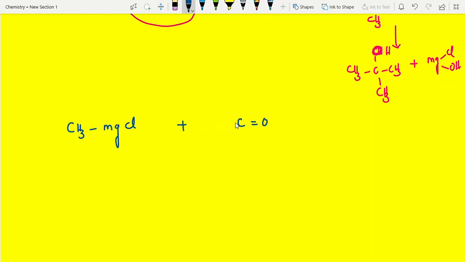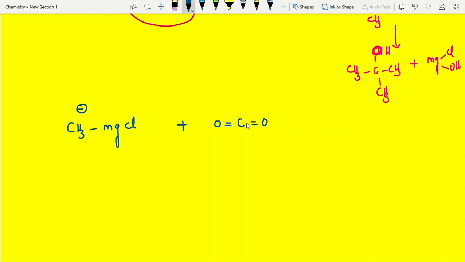You can write the expanded form. If you write like this, definitely you will get some points. See, between carbon and oxygen. Now see, again the same point. Grignard reagent in this particular reaction acts as acid, as base or else nucleophile. We have to check it now. Here there is no hydrogen, right? So then definitely it acts as nucleophile.